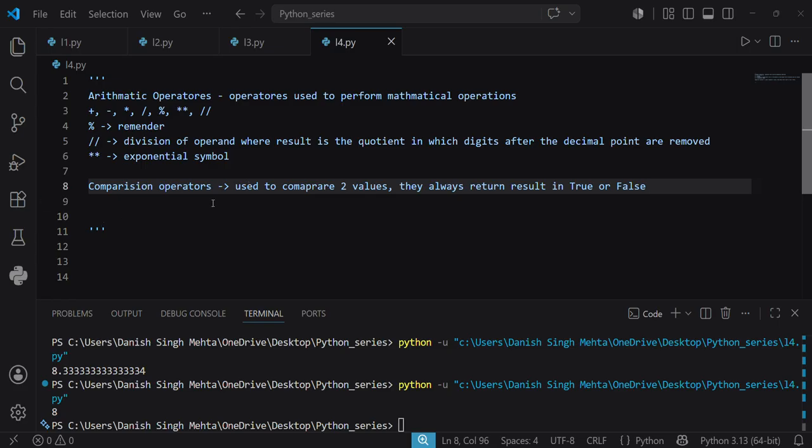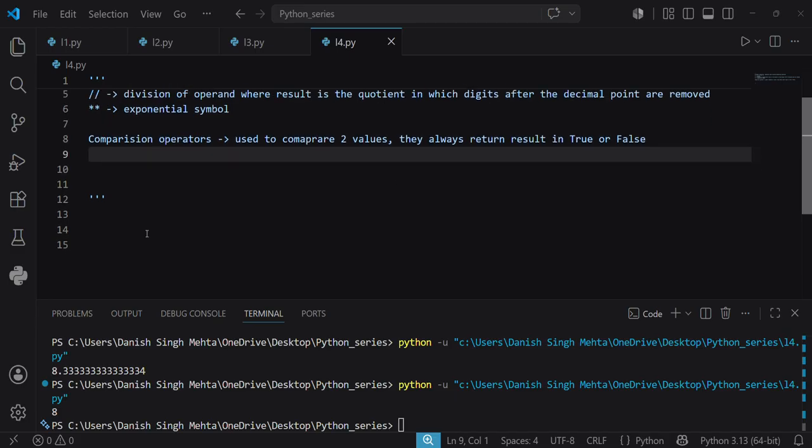Comparison operators are used to compare two values. They always return result in true or false. Means their result will always be either true or false. So basically this is also a data type in which we are returning true or false. That data type is Boolean.